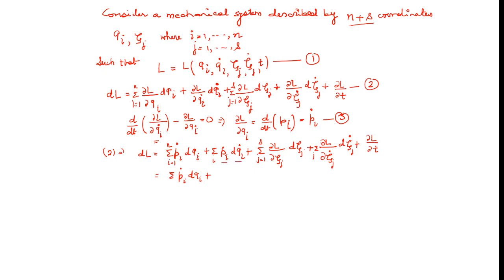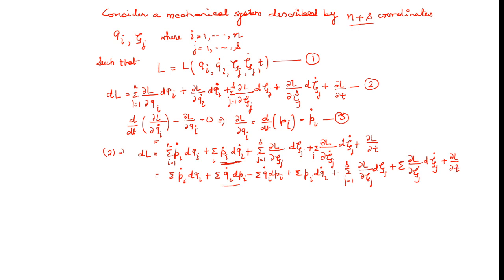This pi dqi dot, I am adding a term, summation qi dot dpi, the derivative of pi times qi dot, and subtracting the same term, then writing this term, pi dqi dot, plus the rest of the terms will remain as such: delta L delta zeta j d zeta j, summation, delta L delta zeta j dot d zeta j dot, plus delta L delta t. Now make the combination of these two.